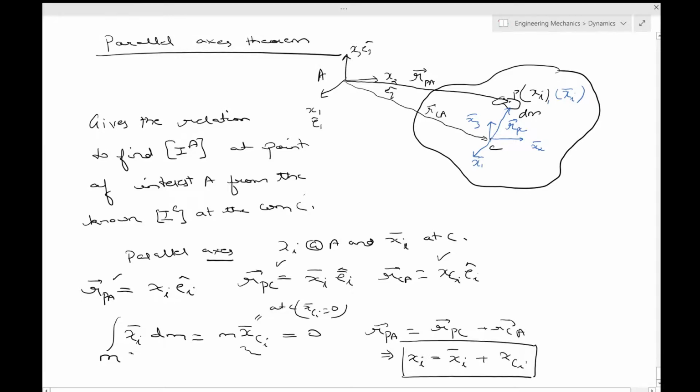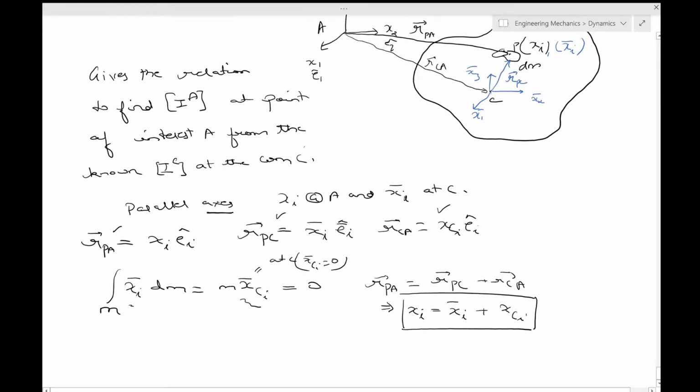Now, one of the good things about this is that you can write xi ei hat equal to xi bar ei bar plus xci ei hat. Now ei bar is the same as ei hat because it's parallel.